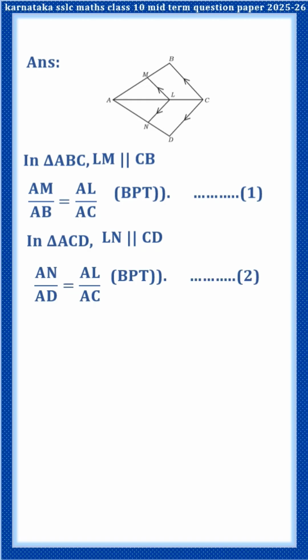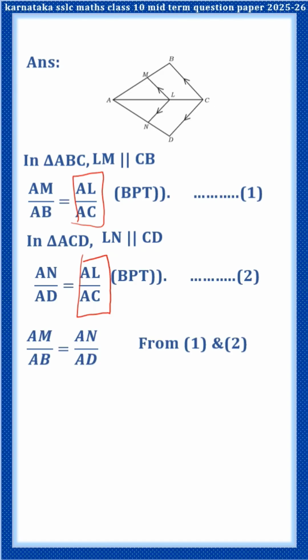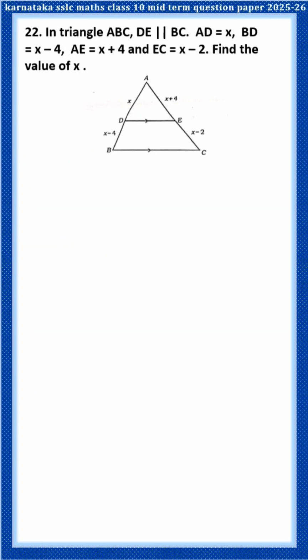Let this be equation number 2. From 1 and 2, observe AL by AC, AL by AC are equal. If two things are equal to the same thing, then the two things are the same. So AM by AB is equal to AN by AD from 1 and 2. Hence proved.